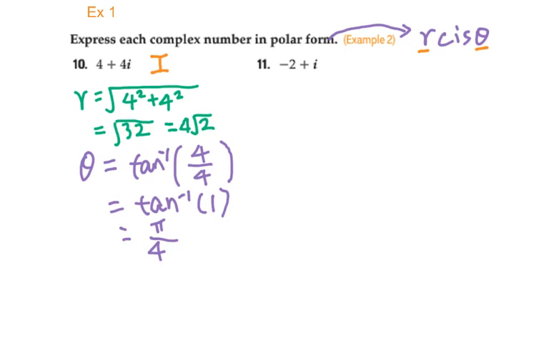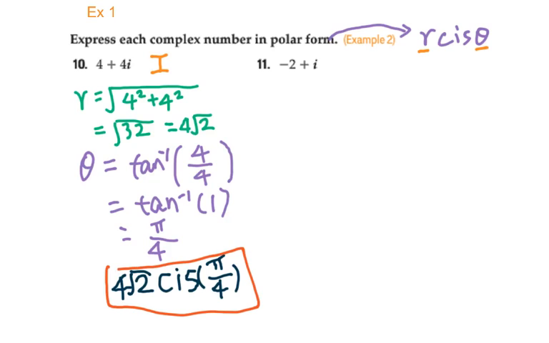Therefore, its polar form will be 4 square root of 2 cis pi over 4. So this is the solution.